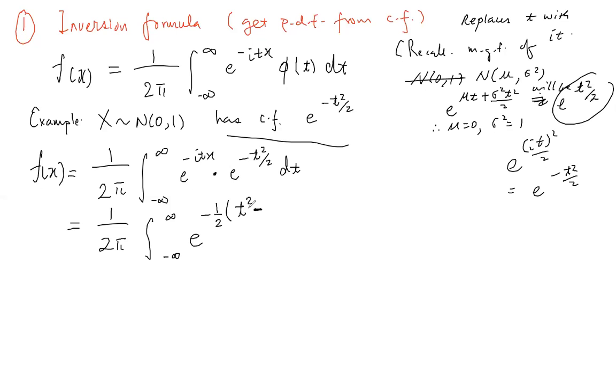Okay, just a minute, yeah. The inversion formula. Okay, great. So you have minus i t x, okay? There will be a 2 here.